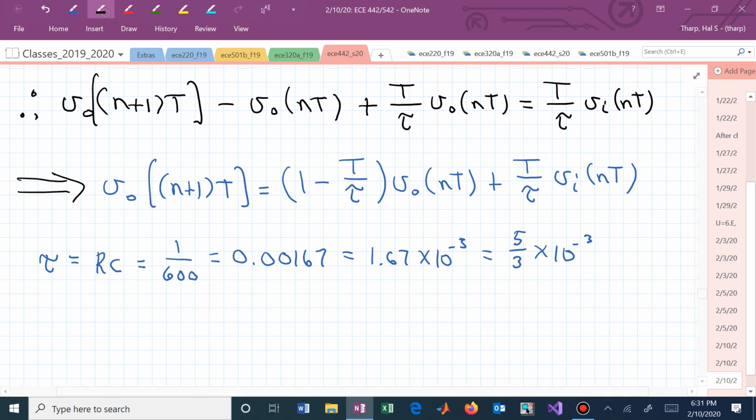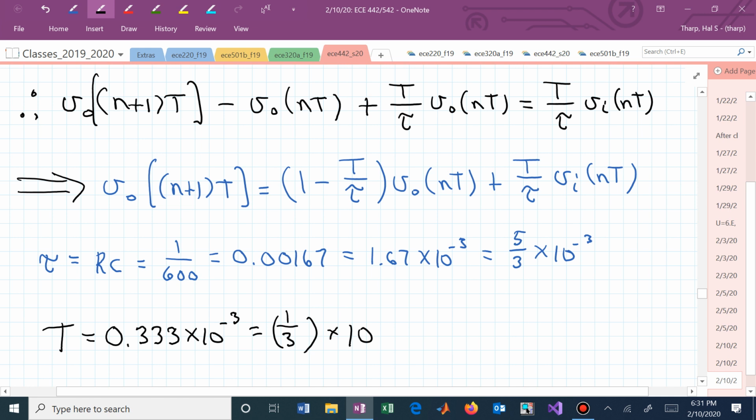And what was our T? T was 0.333 times 10 to the minus 3, or this was the 1/3. The reason I'm writing that is so I can look at this ratio, capital T over tau.